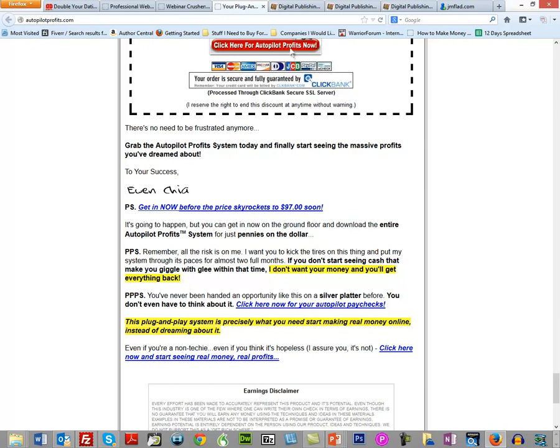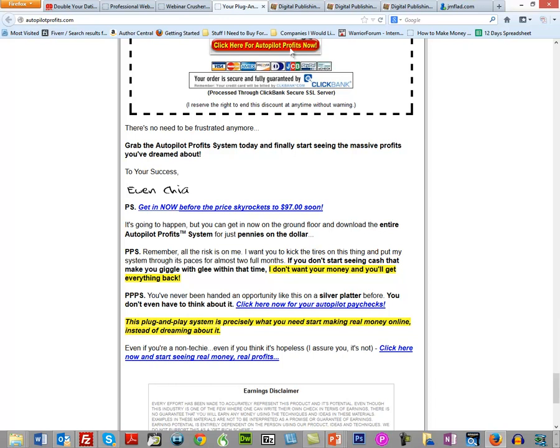You've got to make this decision before something happens. So the takeaway is, we'll take this away at this price at this time, and if you come back, you might have to pay a lot more, or it might not be here. That's what you're doing in your takeaways, and you'll see that with Ewan Chia's autopilot profits.